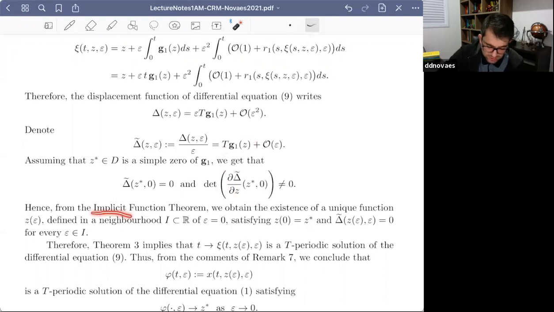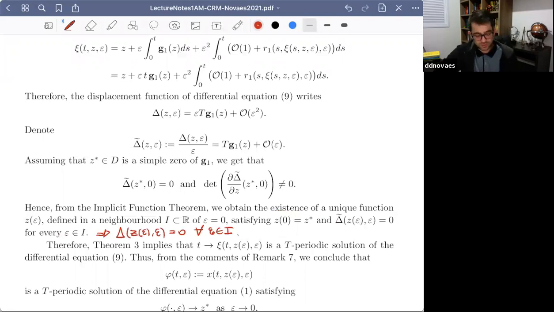Then we can use the implicit function theorem to obtain the existence of a unique function z epsilon defined in a neighborhood I of epsilon equals 0, satisfying z of 0 equals z star and delta tilde of z epsilon equals 0 for every epsilon in I. This implies also that the displacement function applied in z epsilon is equal to 0 for every epsilon in I. Okay?